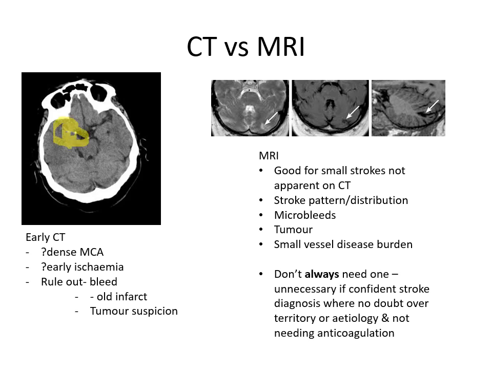There we are, dense MCA there, or it might show some early ischemia, and maybe that looks a bit less dense than that, so it can be very useful, and it's there to rule out major bleeds, or suspicion of a tumour, or hydrocephalus, which we had yesterday.